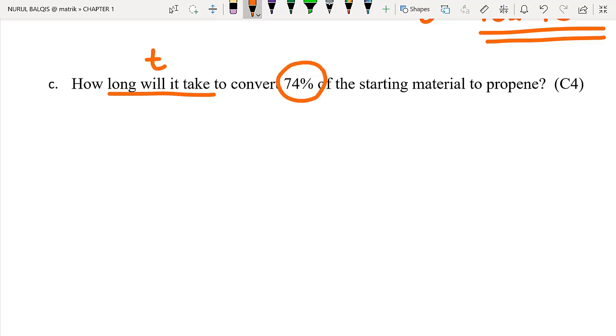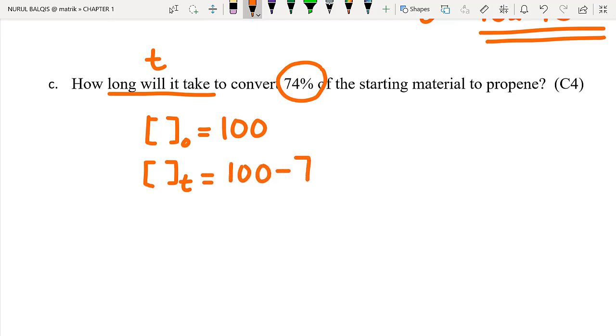Initially, we have an initial concentration of 100%, and then once it decomposes, we will have a leftover of cyclopropane. How do we calculate this? Simply 100 minus 74, leaving us with 26.